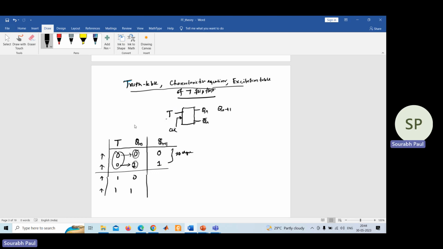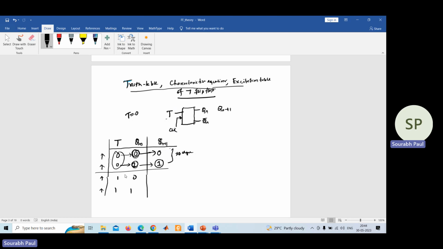Means in T flip-flop, if you apply t equal to 0, this state is known as no change state. Why? Because if your present output is 0, next output will also remain the same. If your present output is 1, after applying the clock, still the next output will be 1. There will be no change of the output after applying the clock. So that's why this is known as no change state.